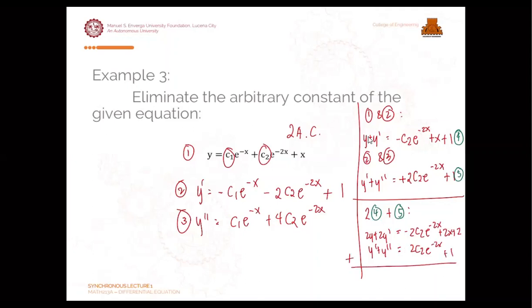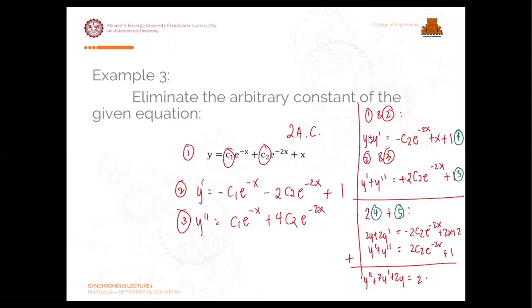So arrange ko lang. So y double prime plus 3y prime plus 2y. Then yung equal, wala ng prime yung 2y. Okay. Then yung first term natin sa right side will be 0.